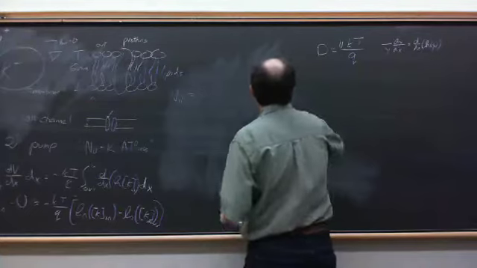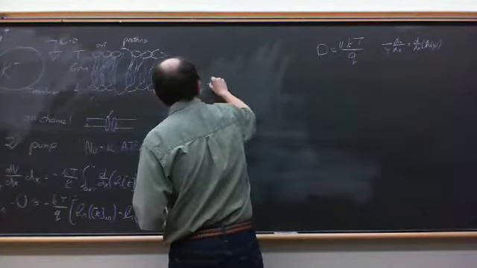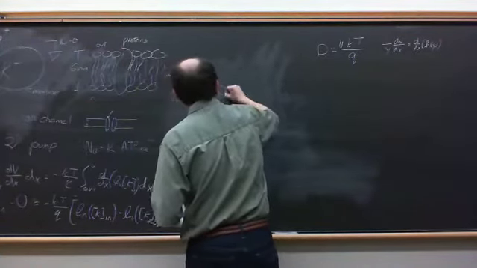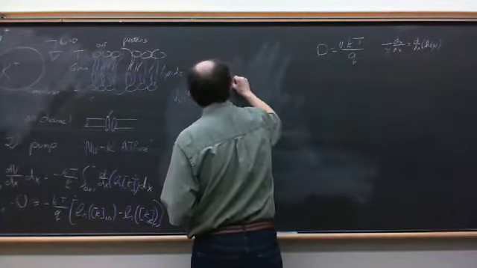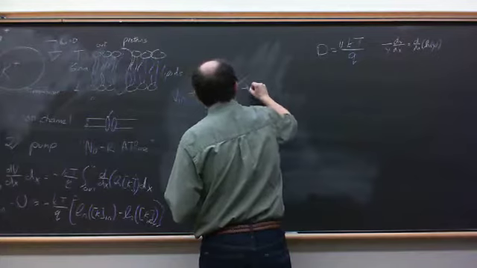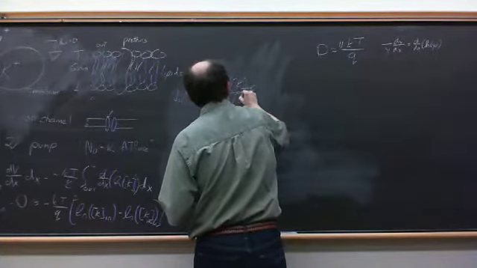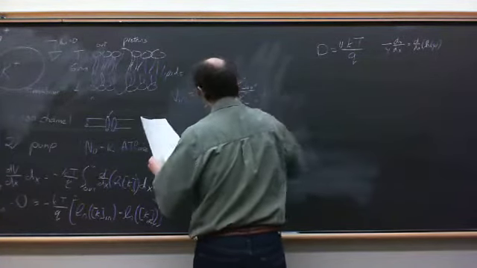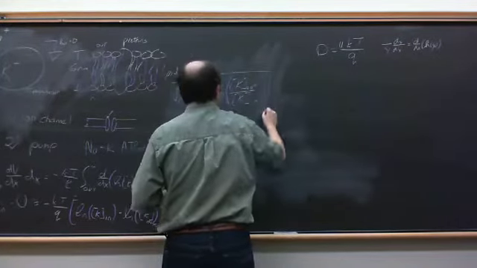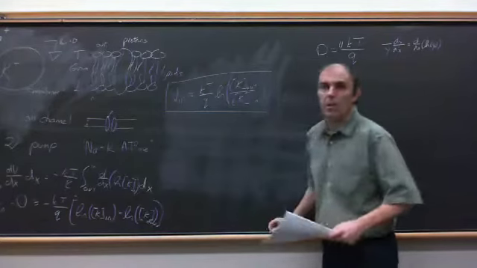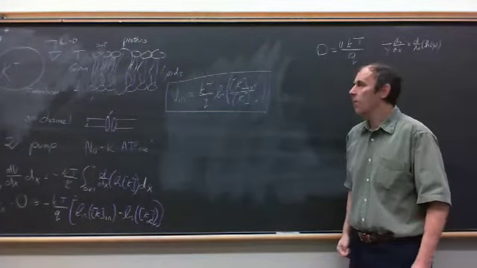So you're going to get V in is kT over q log of K out over K in. And that is exactly the Nernst equation that we saw previously.